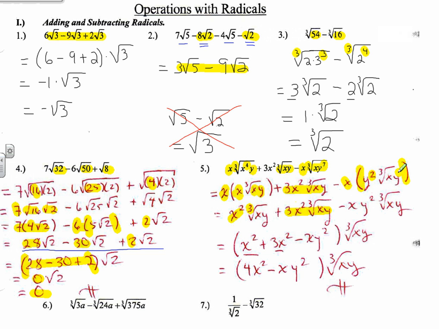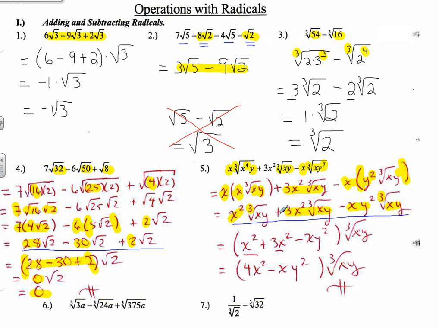So there's only one factor of y left underneath the radical. So I'll take this x times that y squared to get rid of the parentheses and get xy squared cube root of xy.